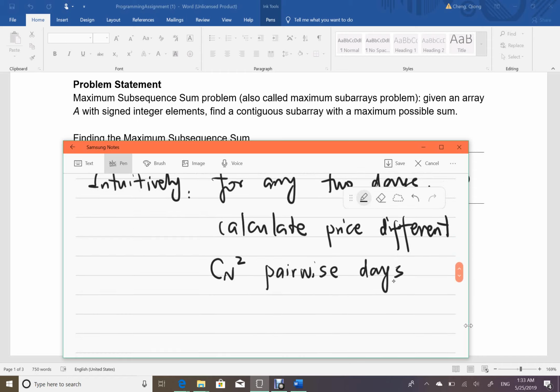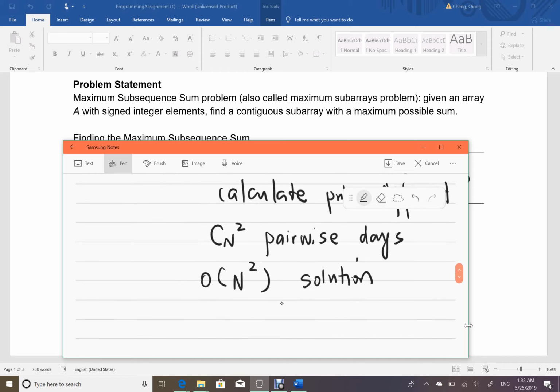And from these pairwise days, you find the price difference, and then you find the minimum one. This is the n squared runtime, right? Let's take this n squared runtime solution, and we want even better than that.